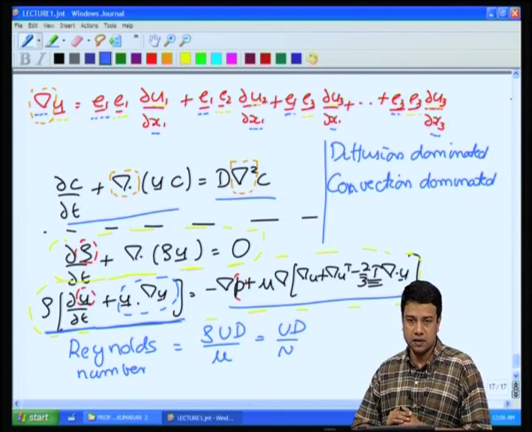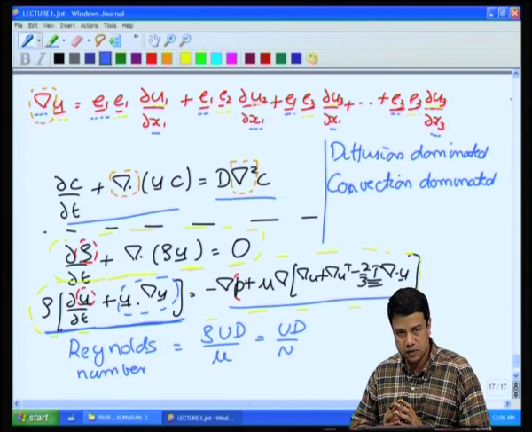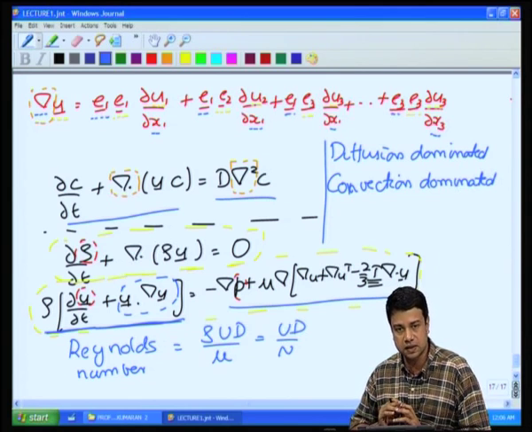This is the Reynolds number, which, as you probably know, is the ratio of inertia and viscosity. The Reynolds number is small when the velocity is small, the characteristic length is small, or the kinematic viscosity is large, for highly viscous fluids or for small length scales or velocity scales.